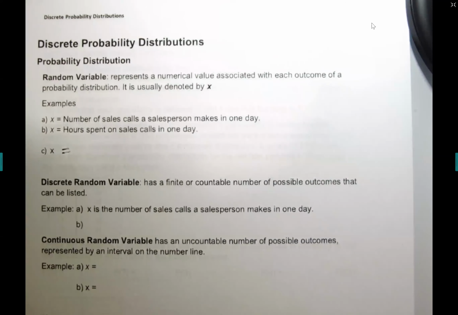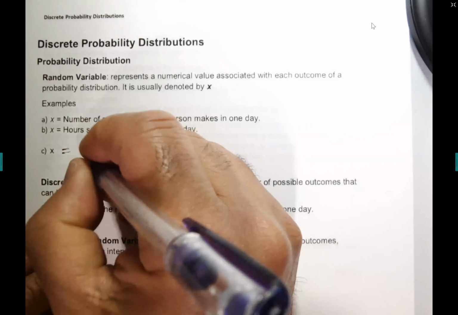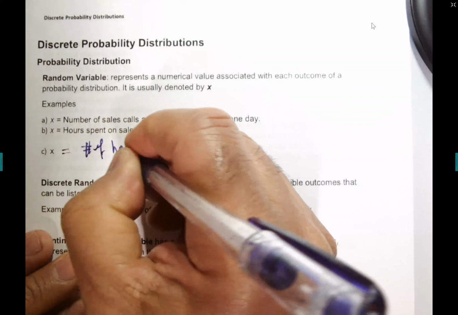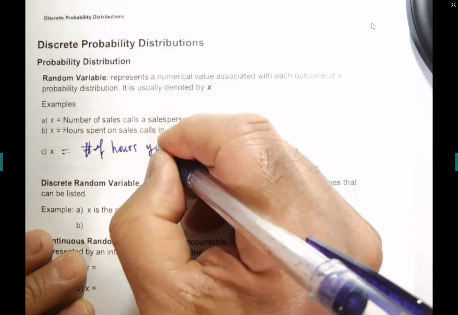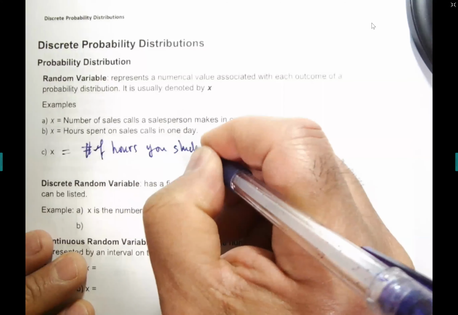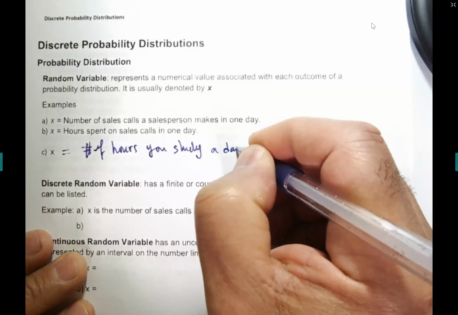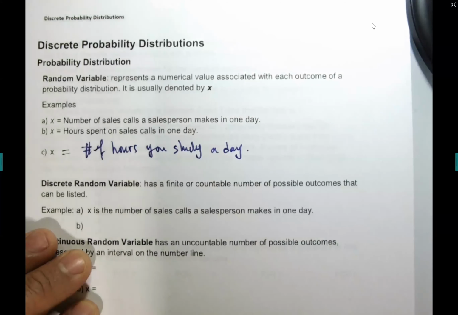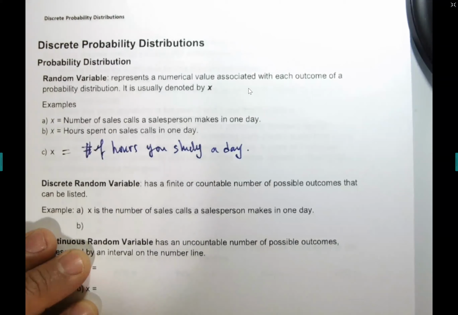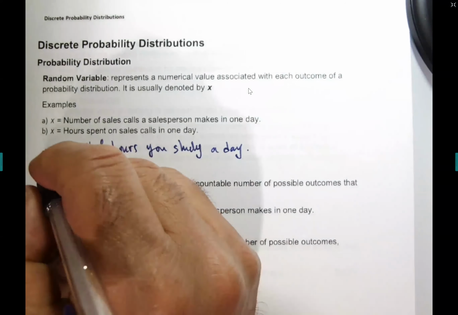Number of hours a student studies a day. You can come up with too many examples. Let me come up with one more.